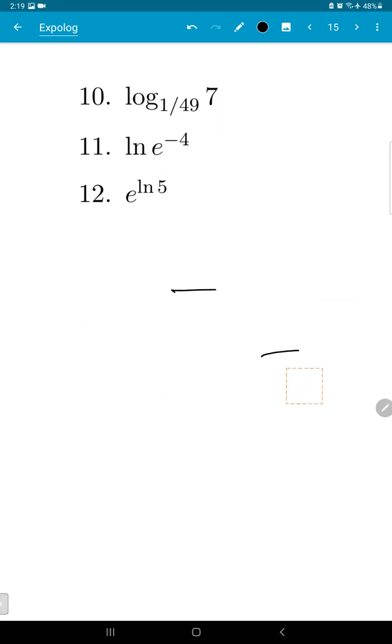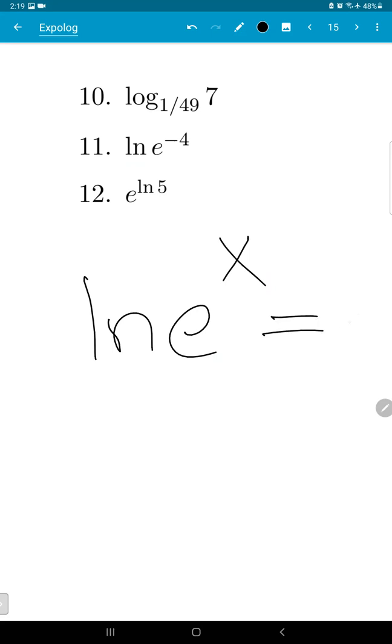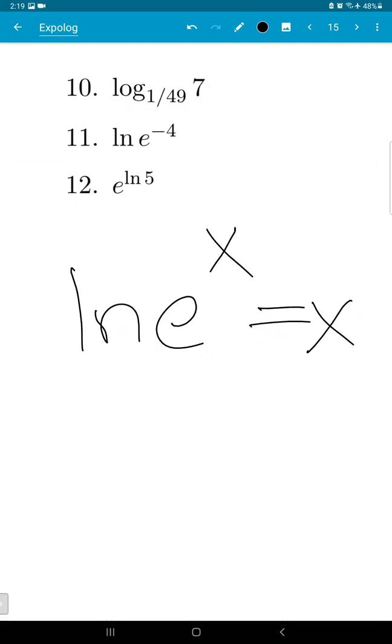In general, ln e to the x, please take note of this. It's an identity that is very important, especially when solving logarithmic exponential equations that involve the use of the natural logarithm. And the other equivalent identity, which has the natural exponential first: e to the ln x is also x.